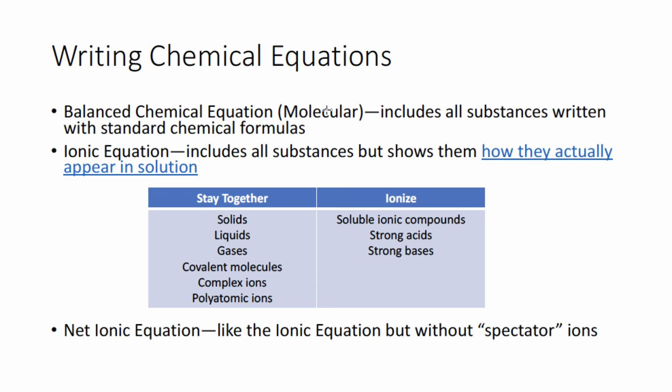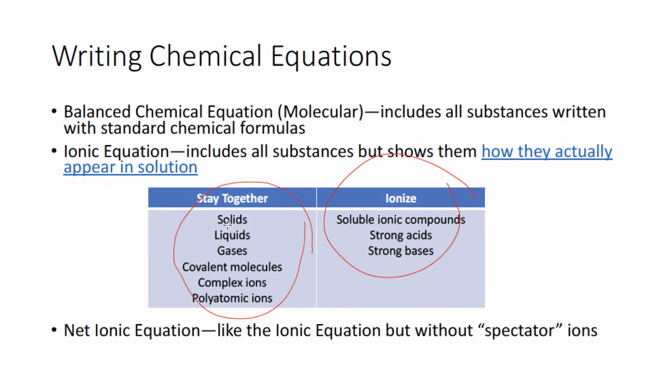Okay, so now for rules that you can use to think about how this happens as you're going from the full molecular equation to the ionic equation: some things stay together and some things ionize, or dissociate, or break apart. In the dissociate category, we've got soluble ionic compounds, strong acids, and strong bases. And in the stay together category, we have everything else.